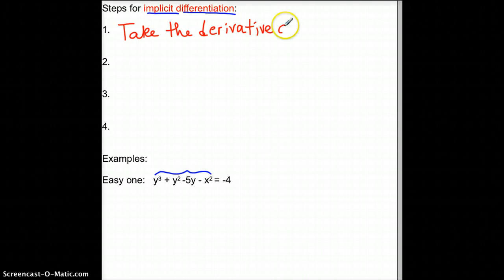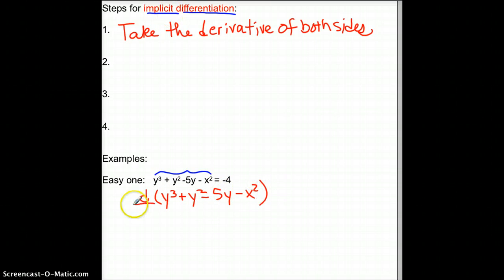The way we're going to write that is the derivative of the left-hand side with respect to x has got to be equal to the derivative of the right-hand side with respect to x. So I'm taking the derivative of the left, setting it equal to the derivative on the right.